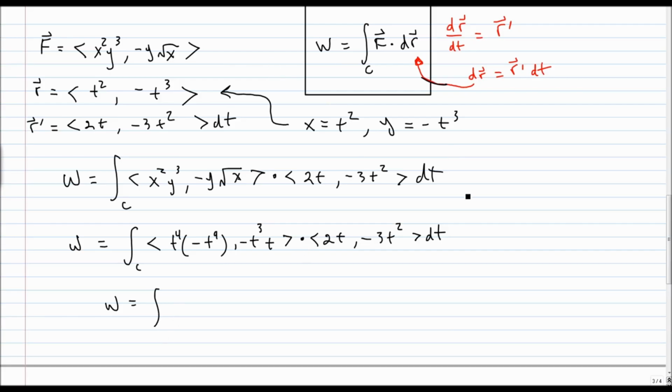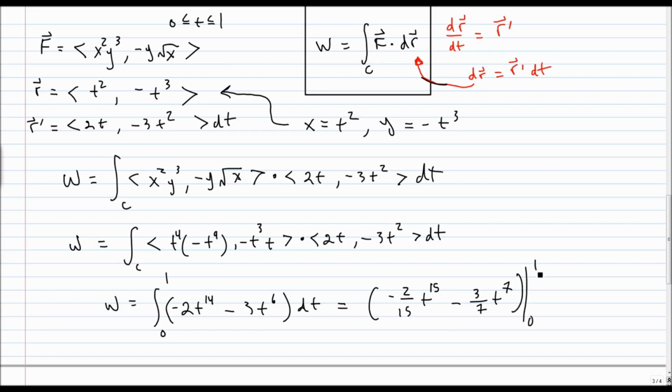I said that we wanted to evaluate this as t went from 0 to 1. So we have negative t to the 13 times 2t. So that's 2t to the 14 with a negative sign. And then we integrate with respect to time here.